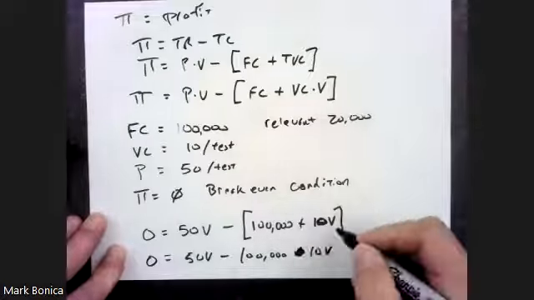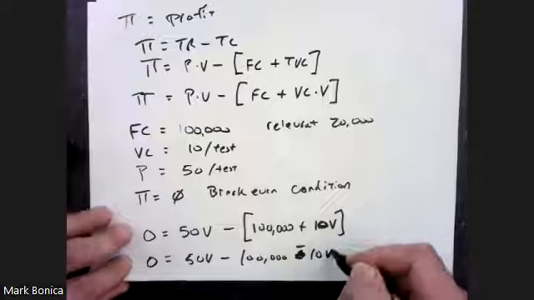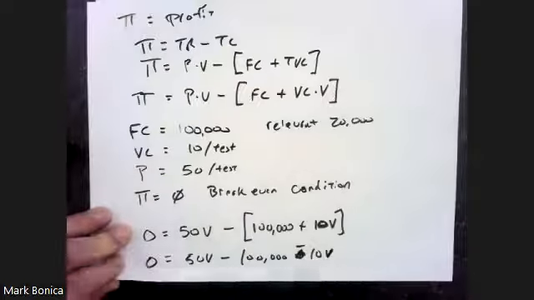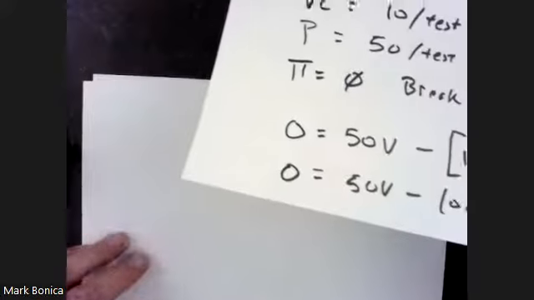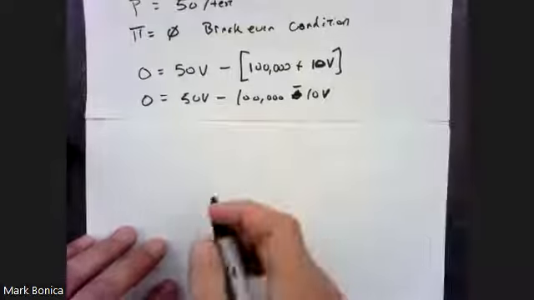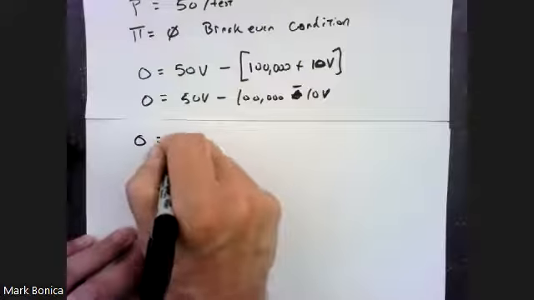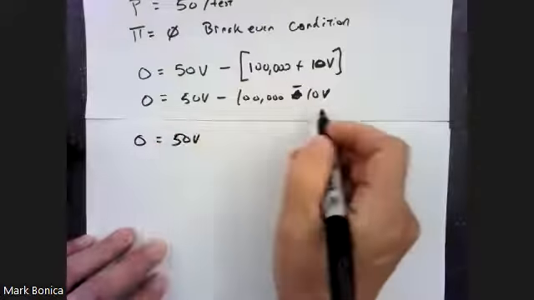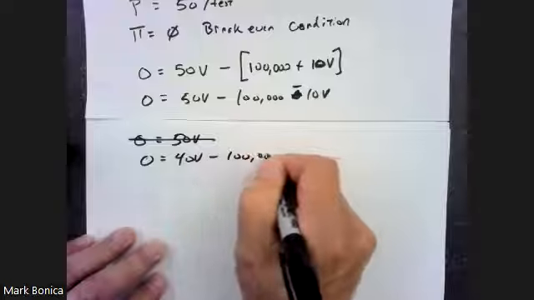All right. Then we're going to consolidate terms. So 0 equals 50V minus 10V, which is 40V, minus 100,000.